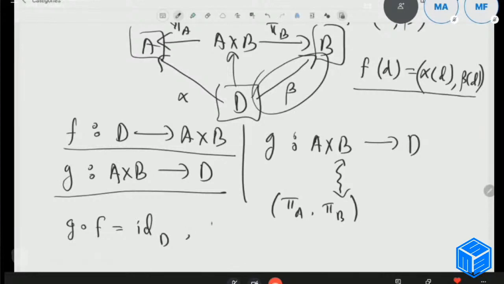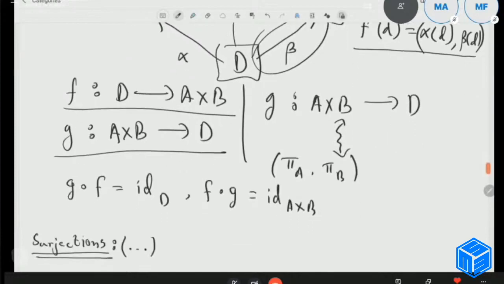And F composed with G equals the identity of A cross B. That's just something you can check.